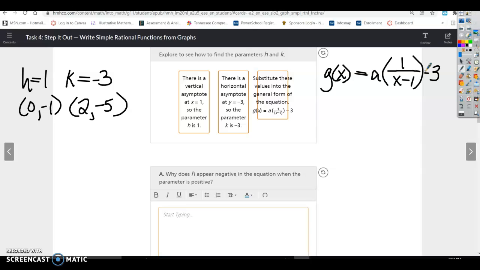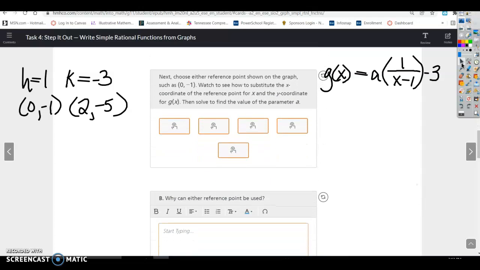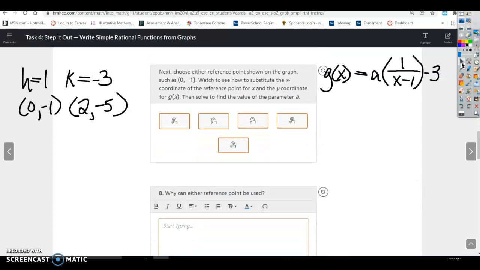All right, now how are we going to find our a value? Next choose either reference point shown on the graph, such as 0, -1. Watch and see how to substitute x coordinates for the reference points to solve for a.